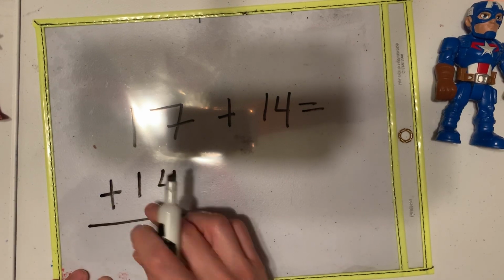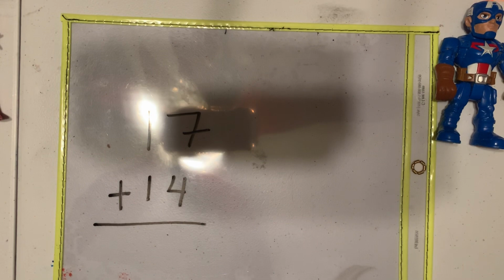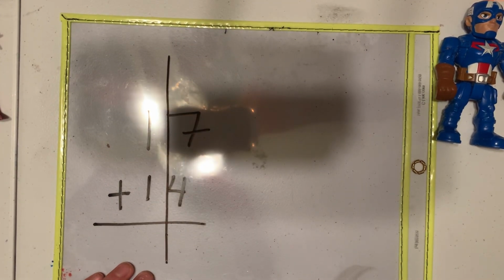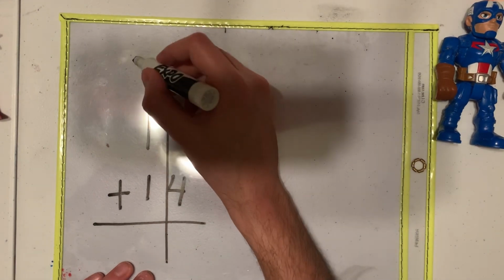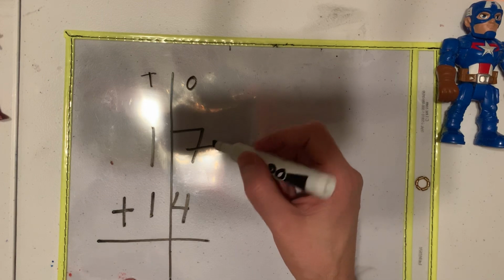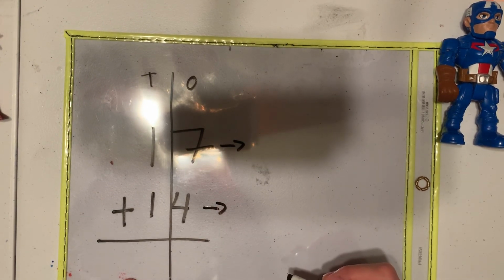I like it more this way. So I'm doing this version. Remember, I need to divide the place value. We have the tens and the ones right here. So now I'm going to do my strategies that we learned at school.